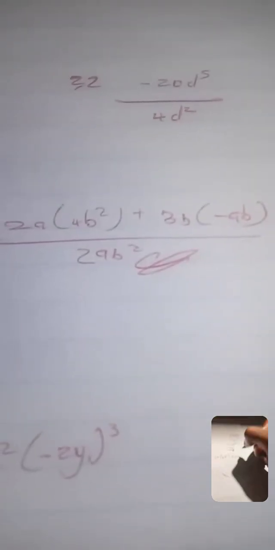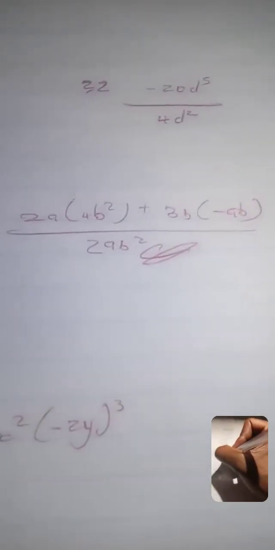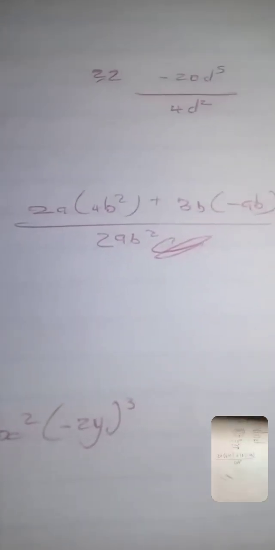Just turn it over so I can see it. 2a into 4b squared plus 3b into negative ab, all over 2ab squared. Yes, like that.